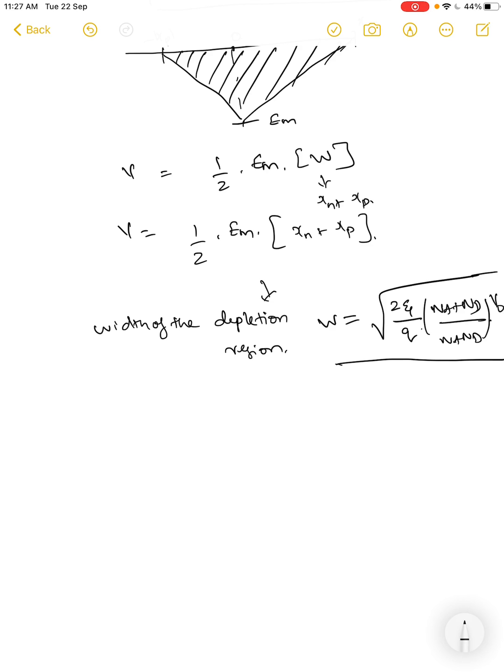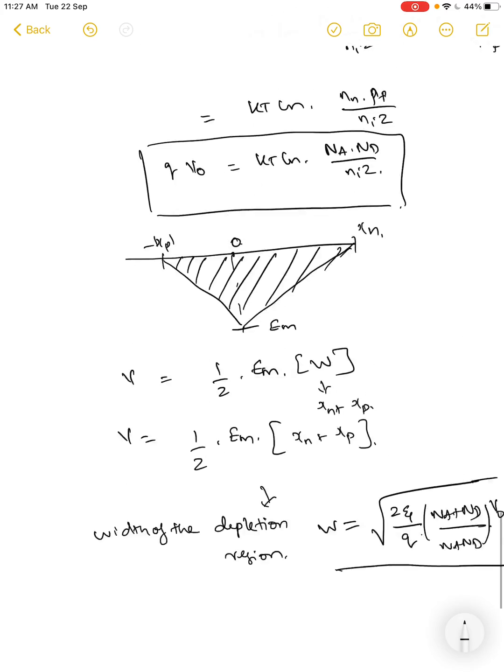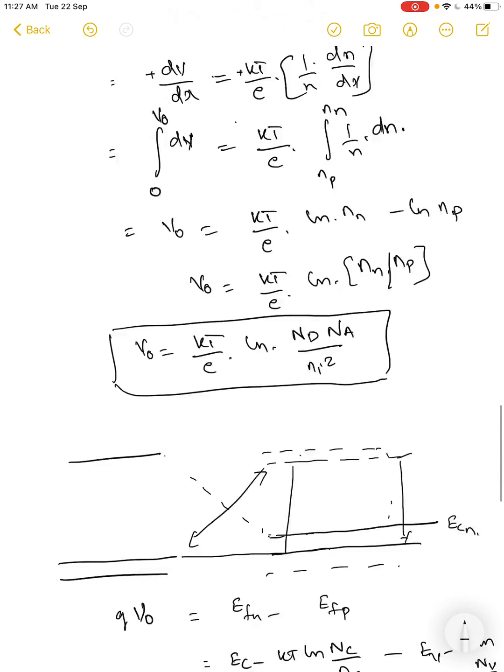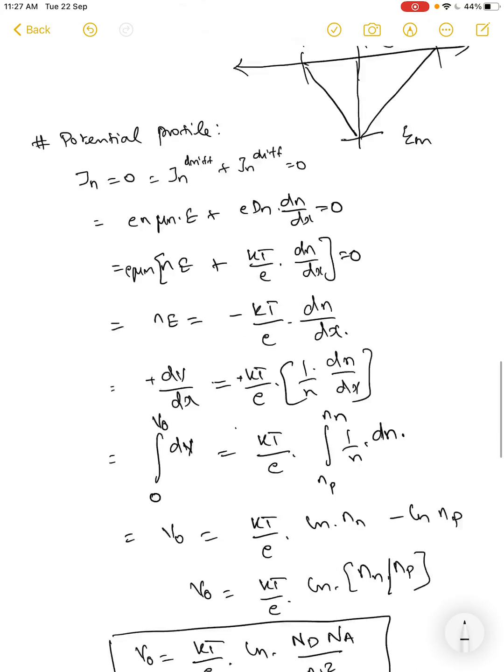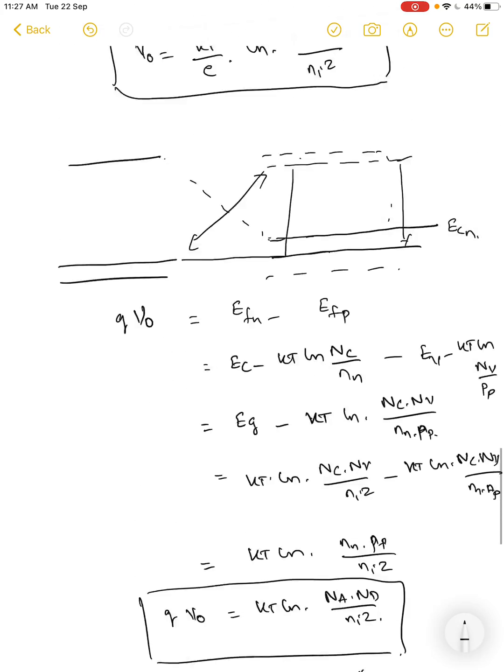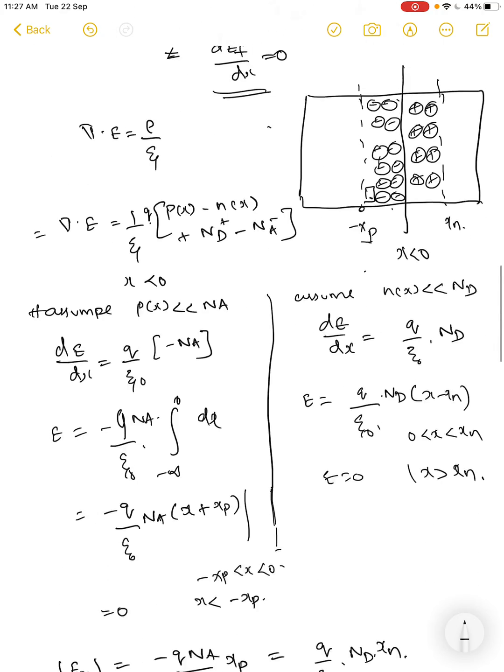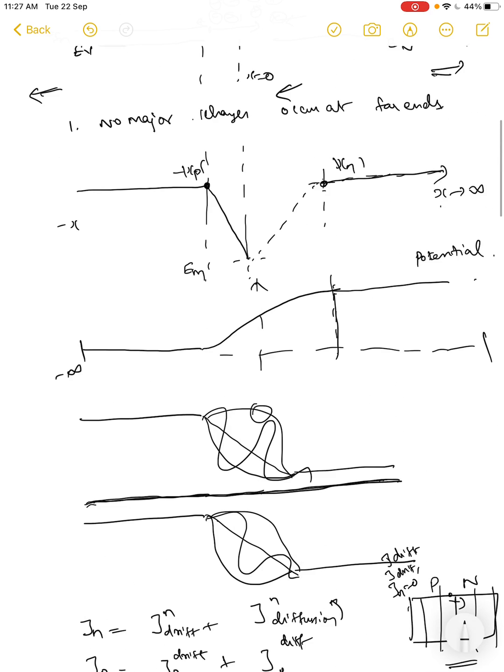So right now we have shown that under thermodynamic equilibrium, when you join P and N type junctions, you will have a potential profile which looks like this. Here is the potential profile that I draw, whose value V naught, or VBI or whatever you call it, was derived, and you have an electric field which looks the same way, right?